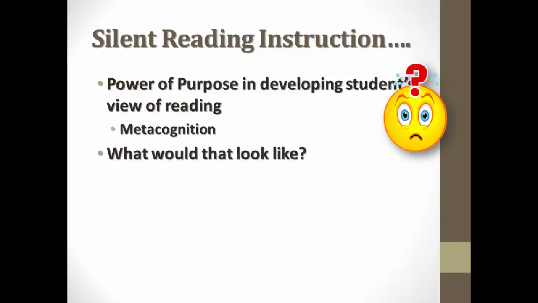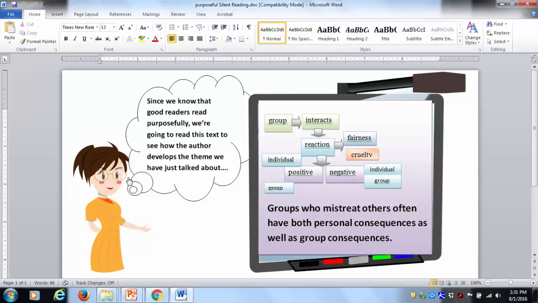So somebody might say, well, what would that look like? Well, let's jump into this teacher. She's developed a concept map through interaction with students, and they jointly developed the message of that concept map here.